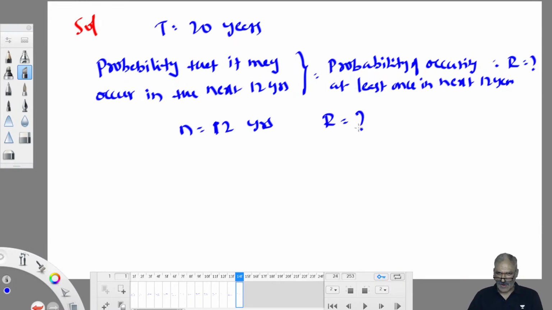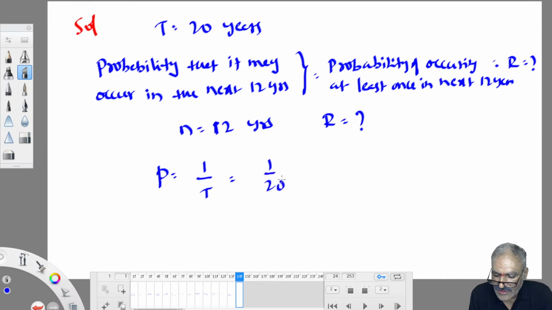Come on, work it out. Risk is equal to, what is the formula? 1 minus q power n. So what do you need to work out? Q. How can you find Q? First find P, for which T is required, and T is given. So P is equal to 1 by T, 1 by 20, which is 0.05. 1 by 2 means 0.5, 1 by 20 means 0.05.